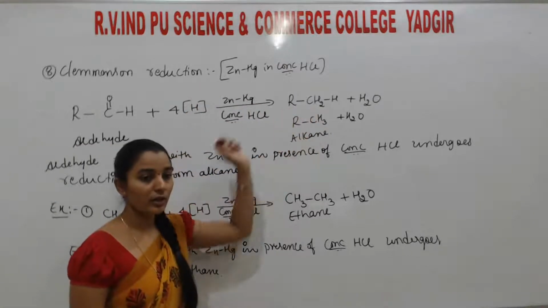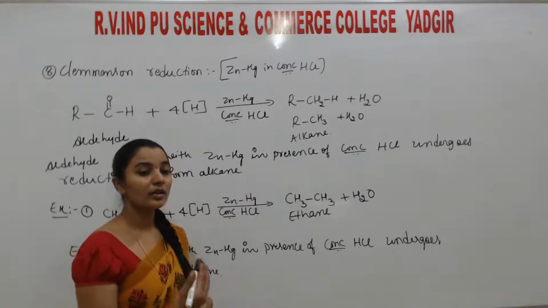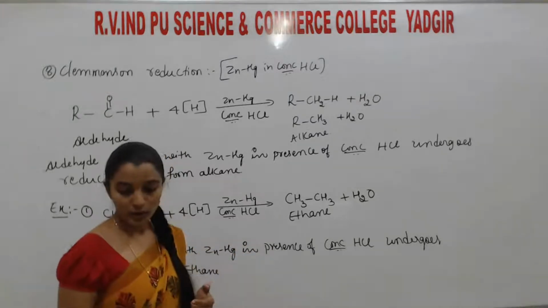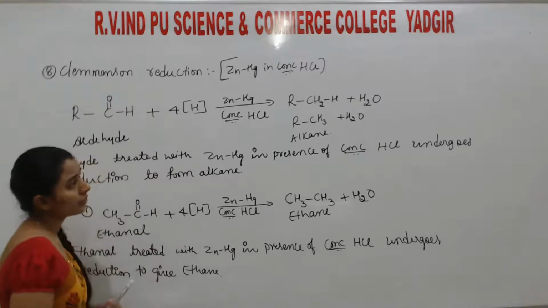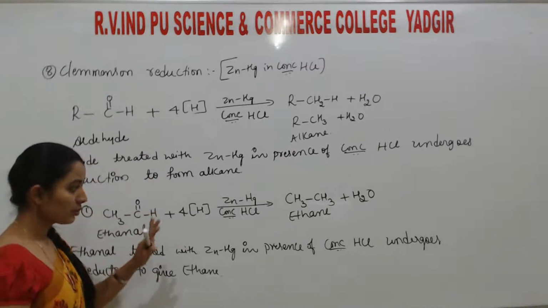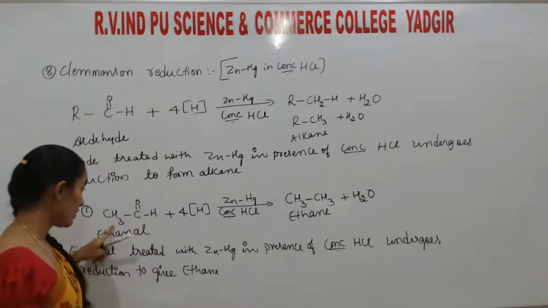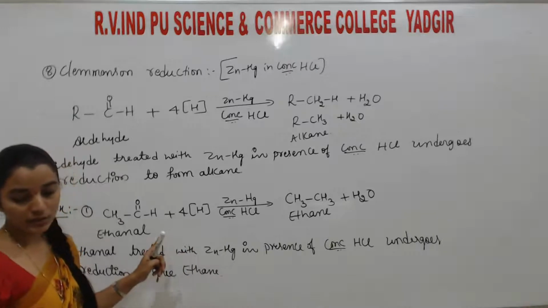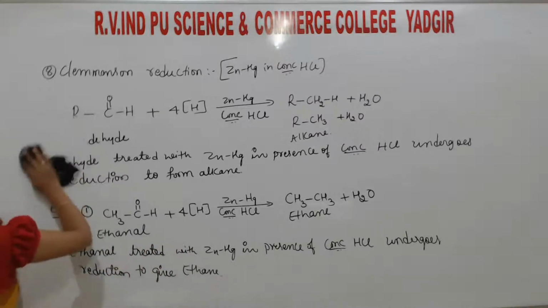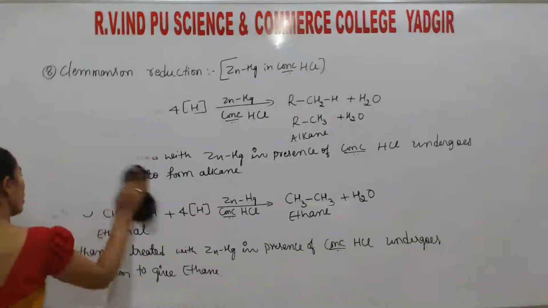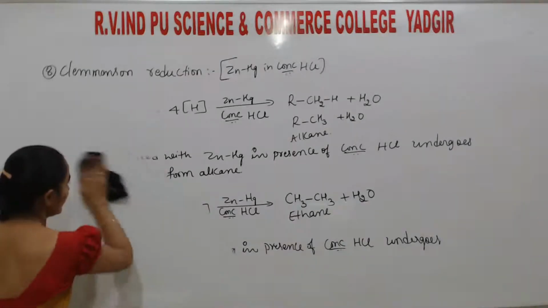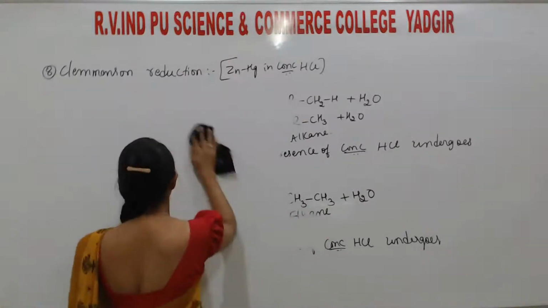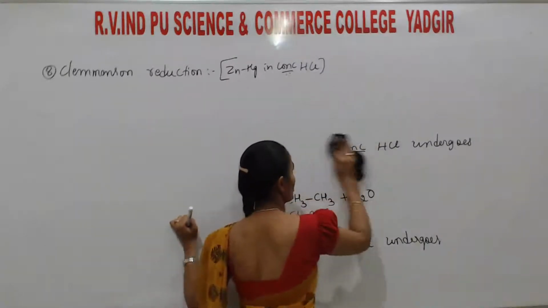Instead of alcohol, they give alkanes, because double reduction takes place: twice addition of hydrogen, H2, H2, so four hydrogen atoms attach. This is aldehyde. In the place of this, you may take benzene also. Now ketone: how is this Clemmensen reduction exhibited by ketones?